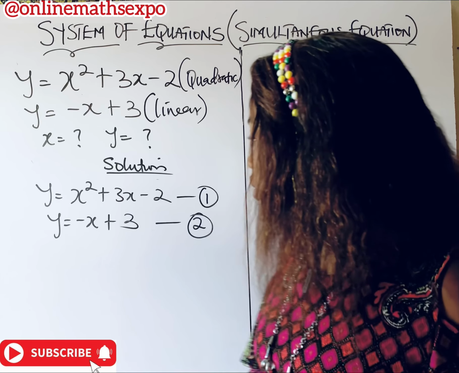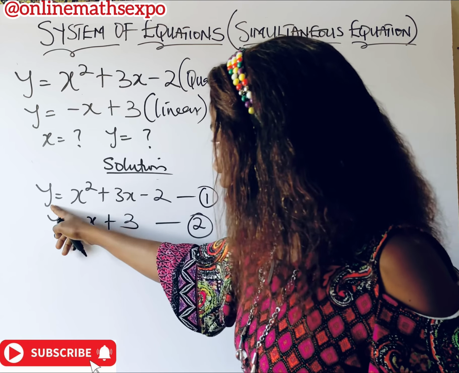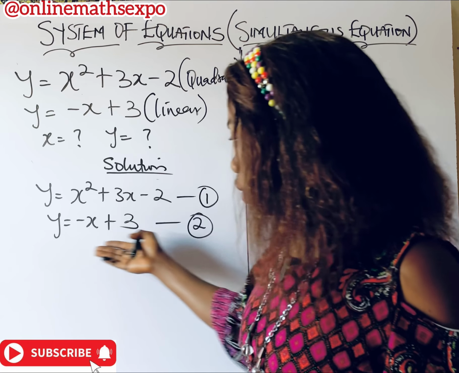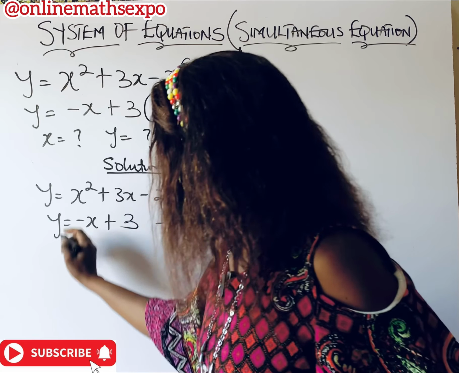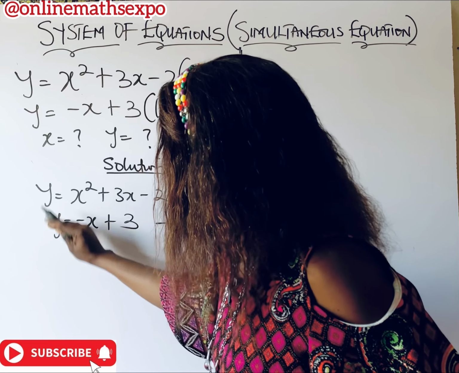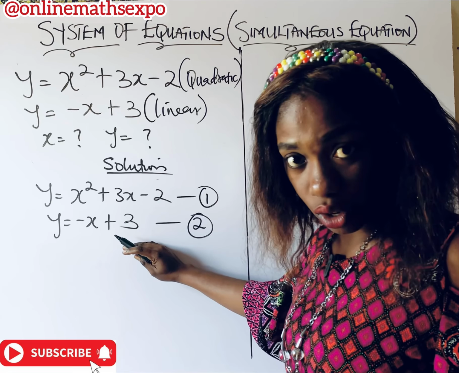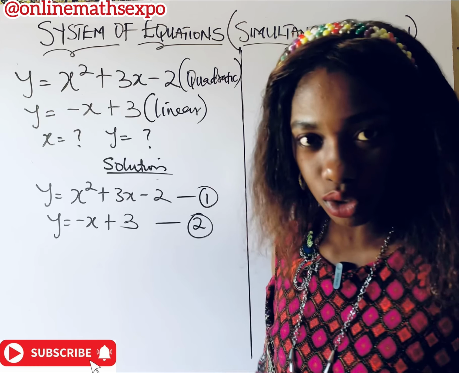Now what we are going to do is, since we have noticed that y is equal to this and y is equal to this, what does it mean? Y is the same. So it means that we can replace the y of the first with the value of y in the second, or you can replace the other way, whichever way you want to do it.